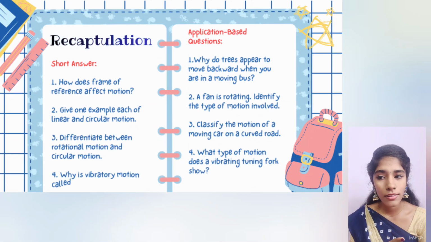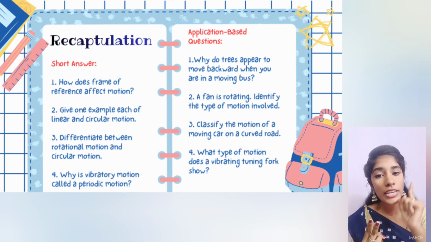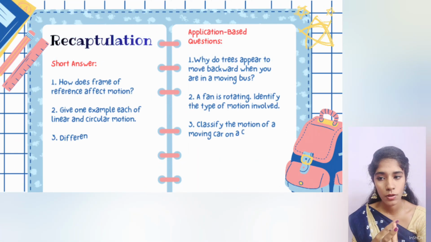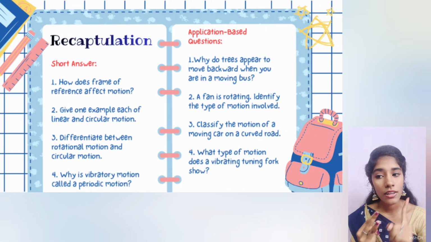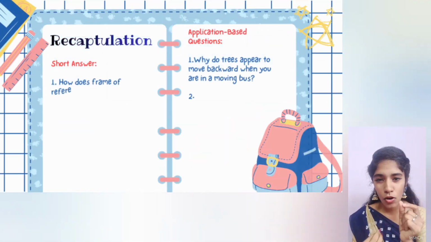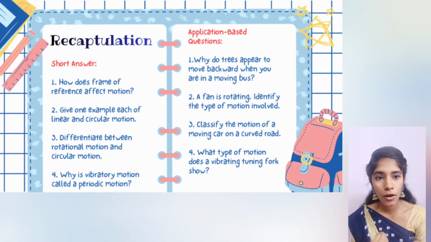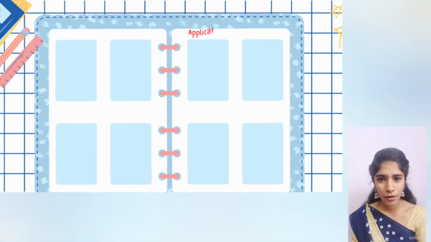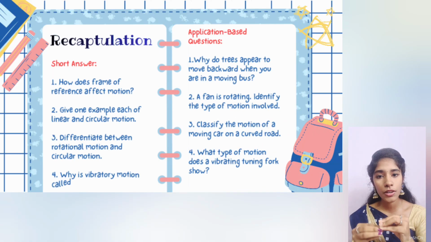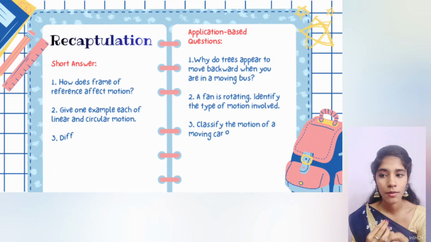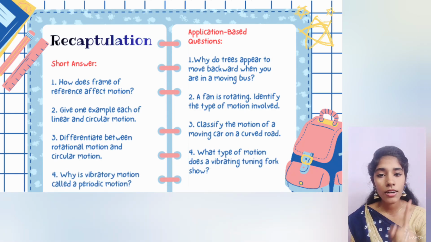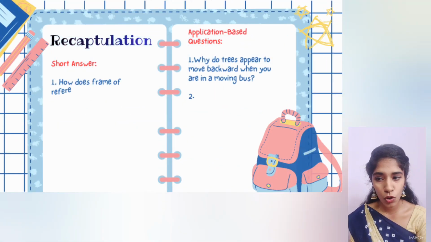Second: give one example each of linear and circular motion. Third: what is the difference between rotational and circular motion? Because you may be confused that circular and rotational are the same, right? Analyze and answer. Fourth question: what is vibratory motion called?